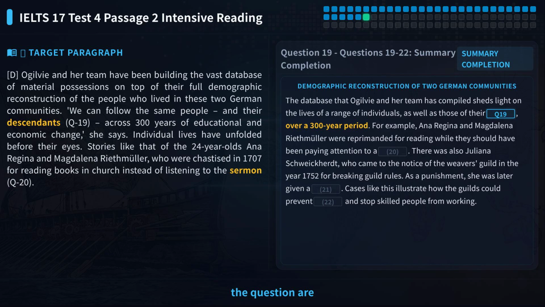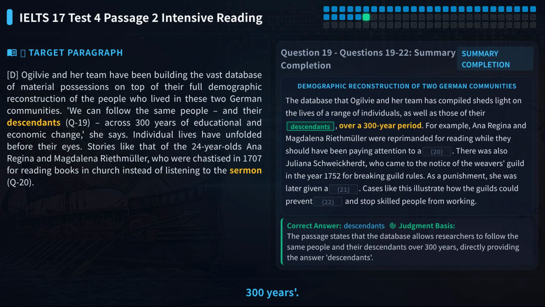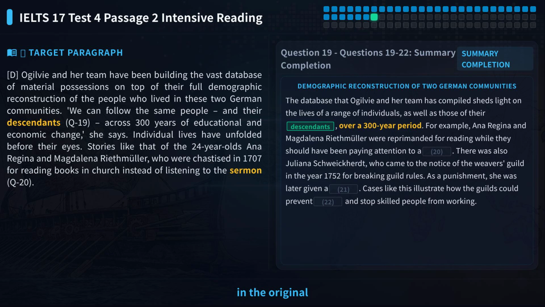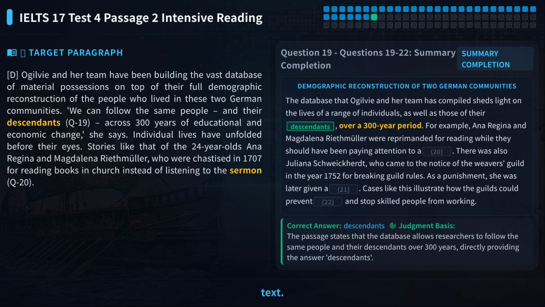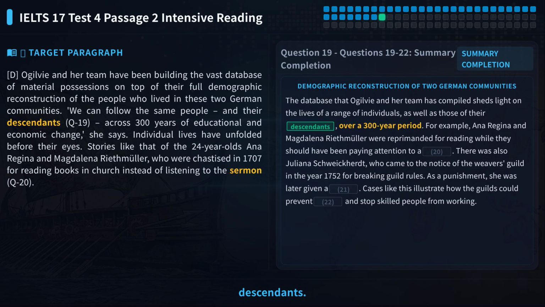The key words in the question are follow the same people and across 300 years. We locate paragraph D. Ogilvy says we can follow the same people and their descendants across 300 years. The word descendants appears directly in the original text. This word is directly given, no synonym replacement needed. So the answer to question 19 is descendants.